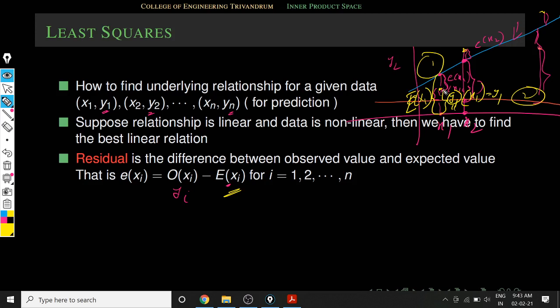So in this case, what about o minus e? In this particular experiment, what about o of x1 minus e of x1? Is it positive or negative in this experiment?